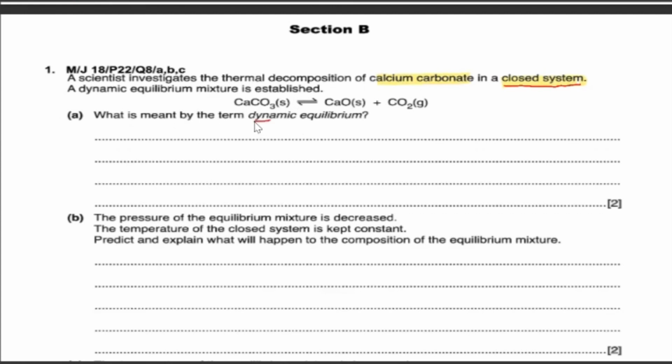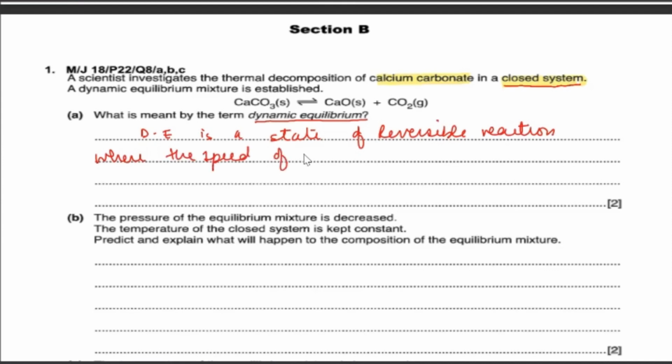So, what do you mean by dynamic equilibrium? They're asking you the definition of dynamic equilibrium. Dynamic equilibrium is a state of a reversible reaction where the speed of the forward reaction is the same as the speed of the backward reaction.